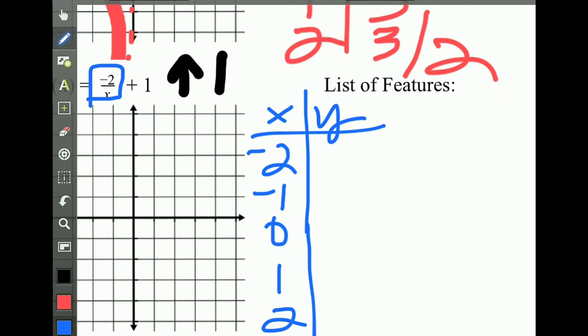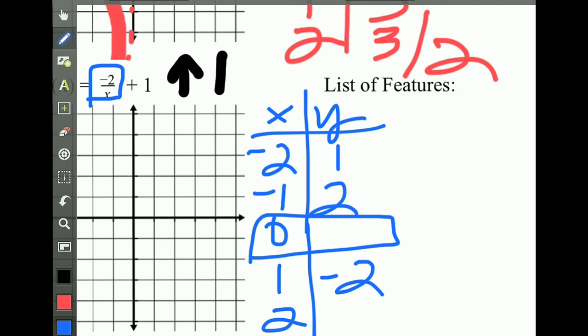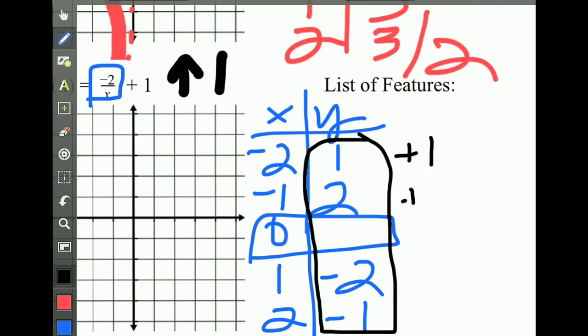So -2 over -2 is 1, -2 over -1 is 2. Our asymptote is at 0. -2 over 1 is -2. -2 over 2 is -1. So for all of these y values that I have, now I need to add 1 to each of them. Even my asymptote. Okay?